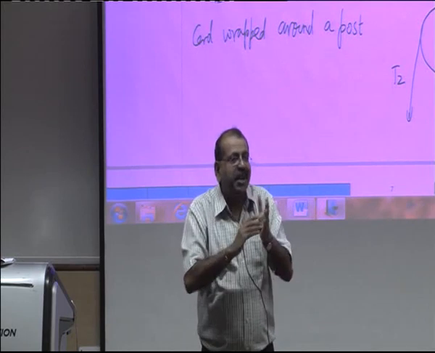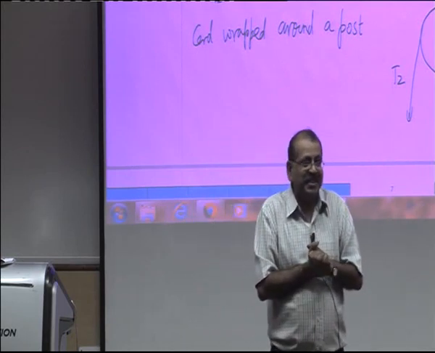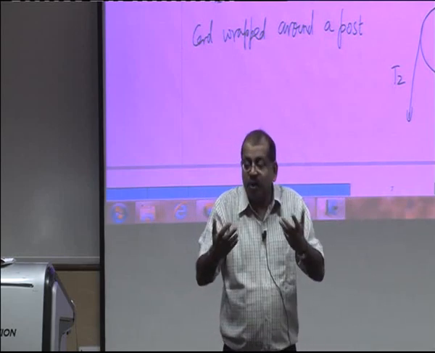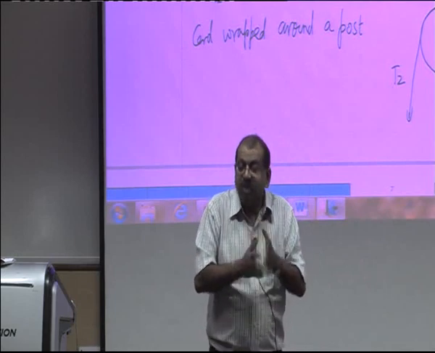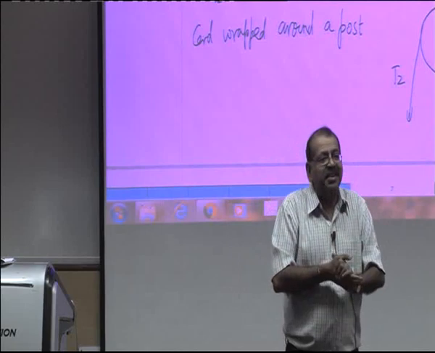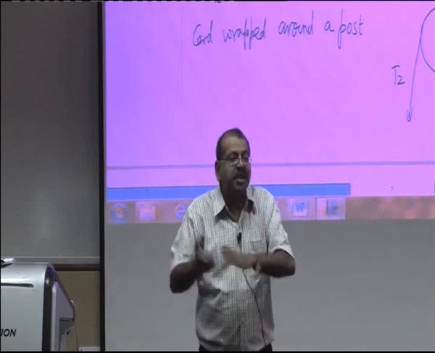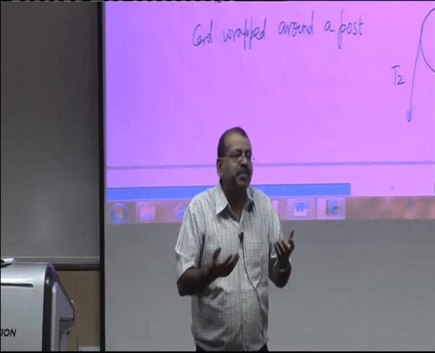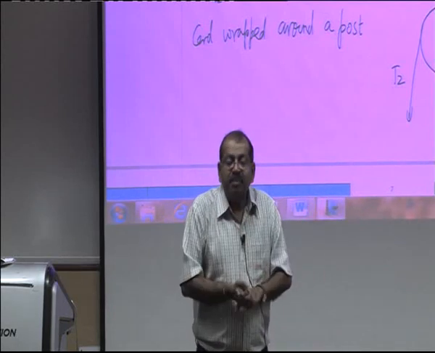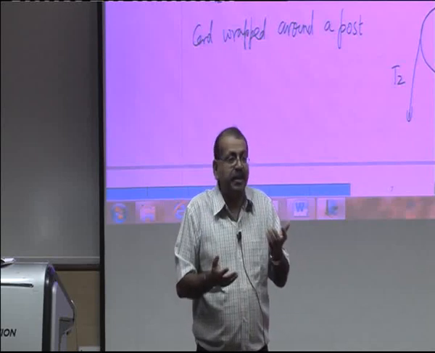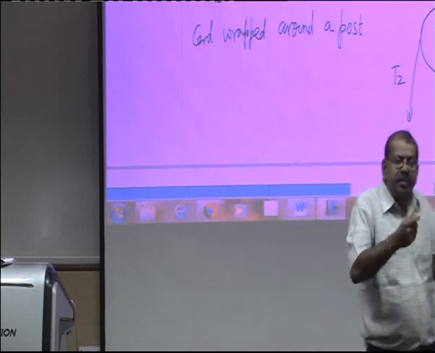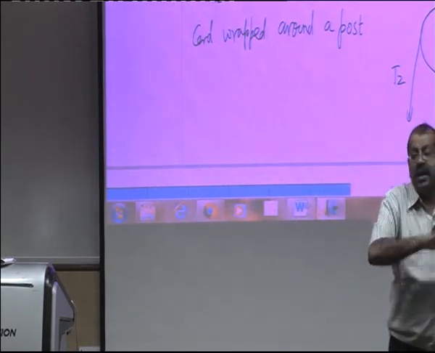A force per unit area in the normal direction is what we call pressure, and we will have a frictional force per unit area or per unit length along the tangential direction. And once again, the frictional force per unit area is related to the normal reaction per unit area by the same relation: friction will be equal to mu times N when we have slip or impending slip, otherwise it will be less. So the same relation is to be used, but per unit area or per unit length.